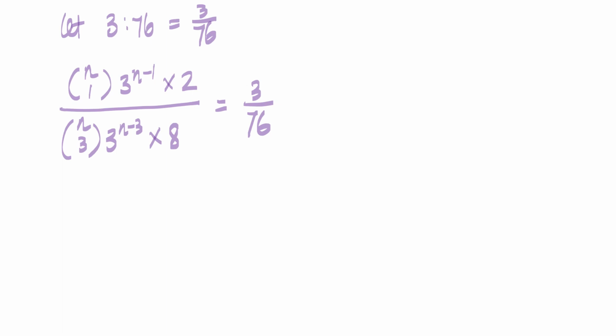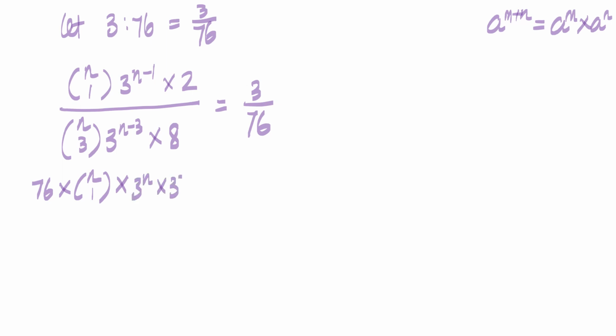Right, the next thing is that we're just going to do a cross multiply. So we will have 76 times nC1 and 3 to the power n minus 1. If you recall this rule that we've learned, we can actually separate it into 3 to the power n times 3 to the power negative 1 times 2.